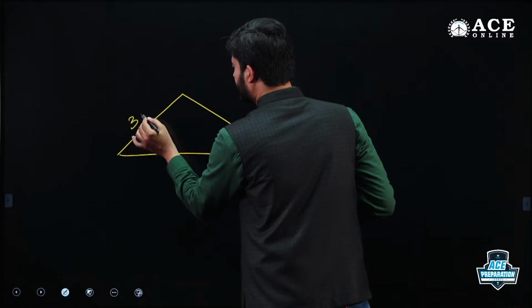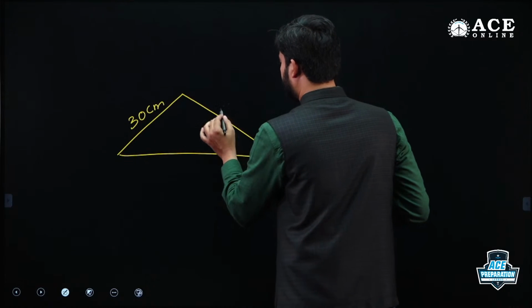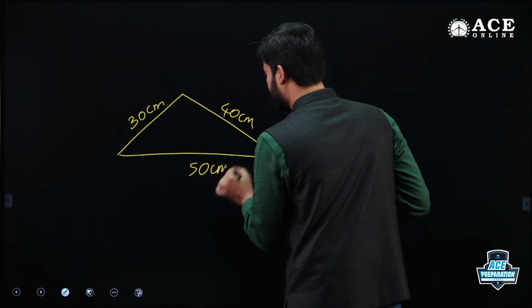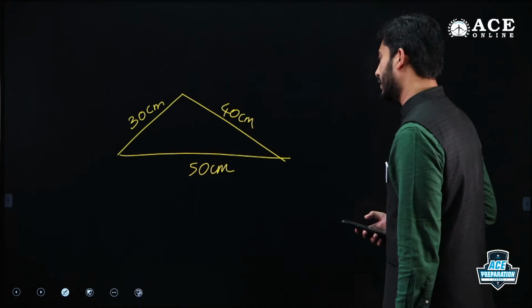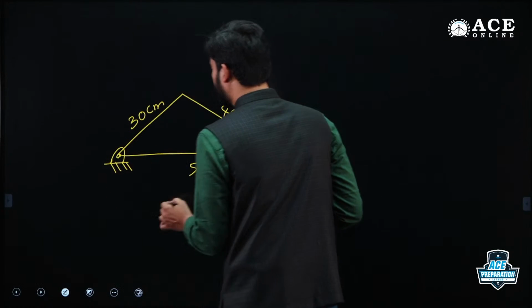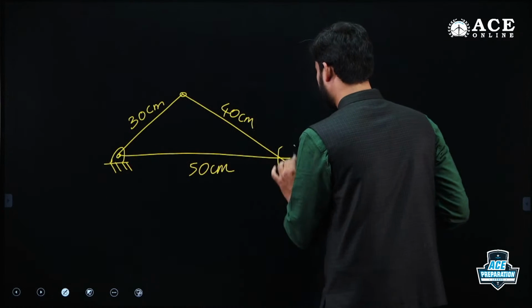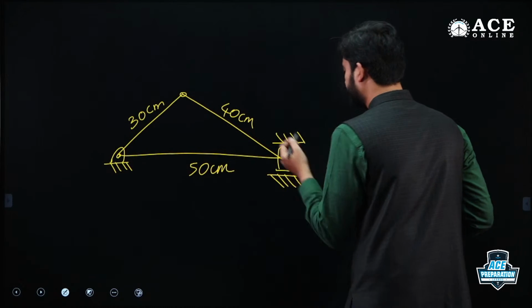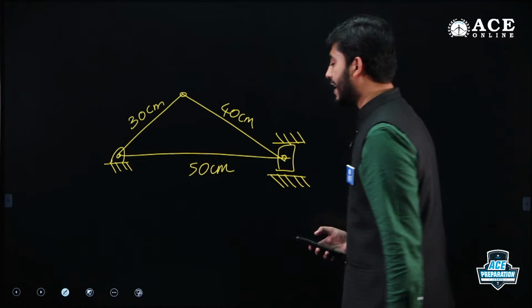This is 30 centimeters, this is 40 centimeters, this is 50 centimeters. Now you know very well that this is the crank, connecting rod and slider, right? Now let me just do the I-center numbering.